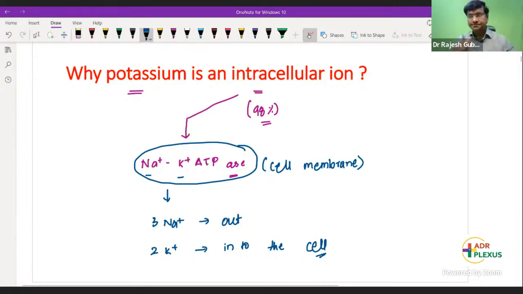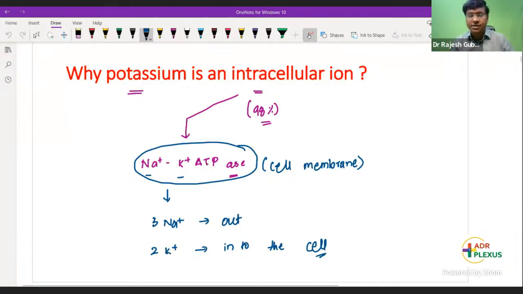See, for each and every event which occurs in our body, we have a mechanism. All of you know that potassium is an intracellular ion, but you should have one small question: why is potassium an intracellular ion? Why is sodium an extracellular ion?